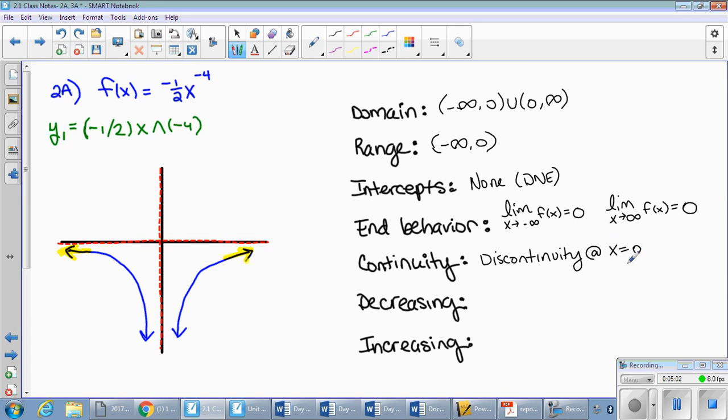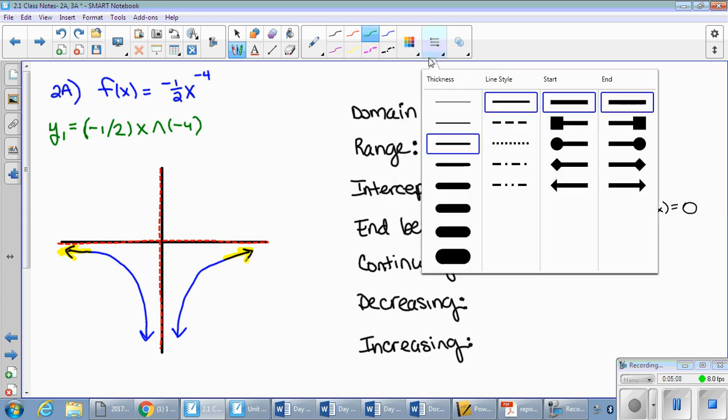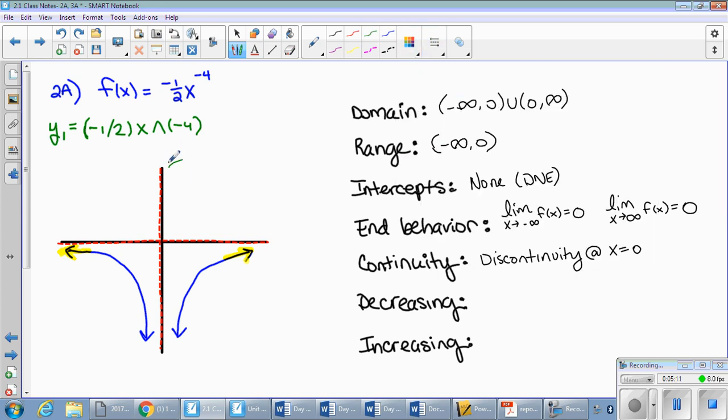Now, this is actually the formula of this vertical line. So if we want to make a note, x equals 0 is this asymptote right here.